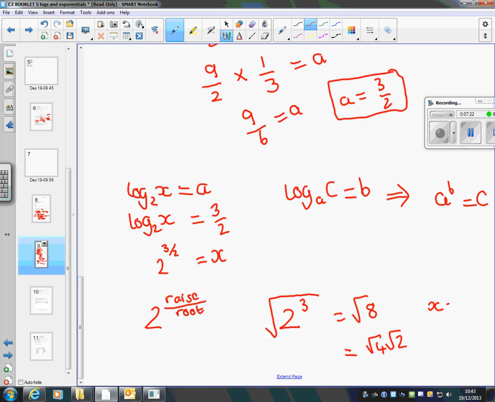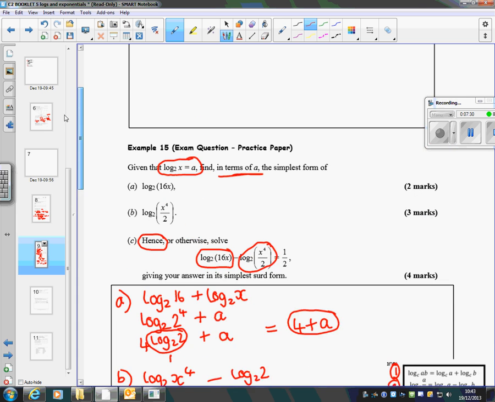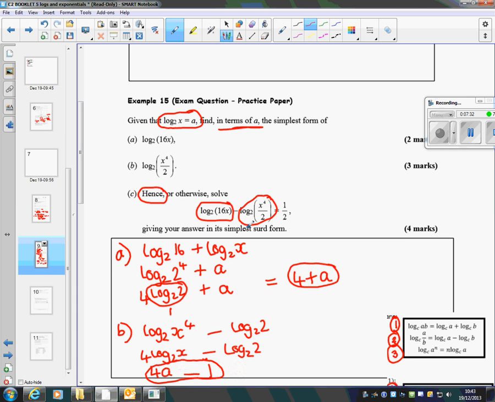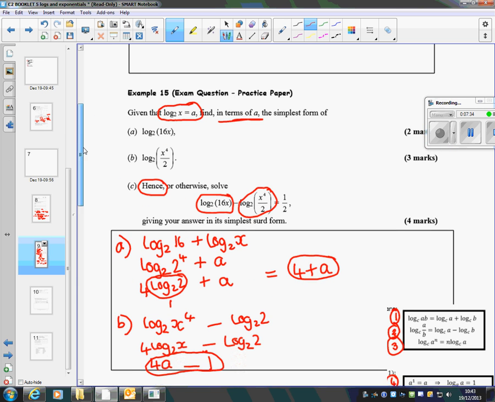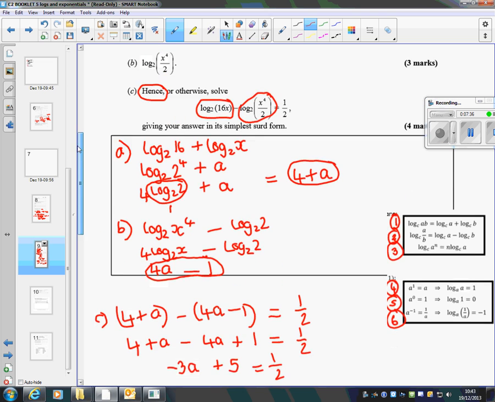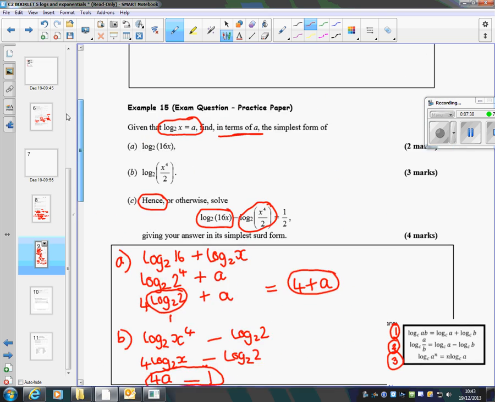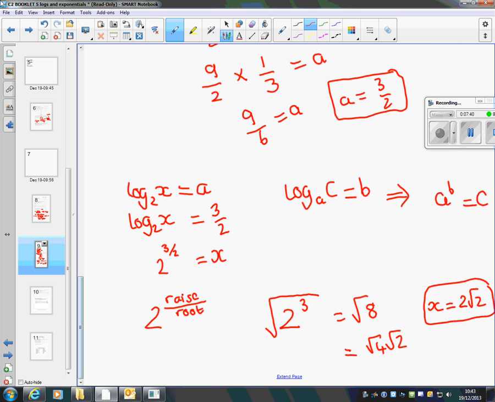So our final answer for x is 2 root 2. Now, I think in the question it asked us to leave our answer in surd form, so we've fully simplified for 4 marks.